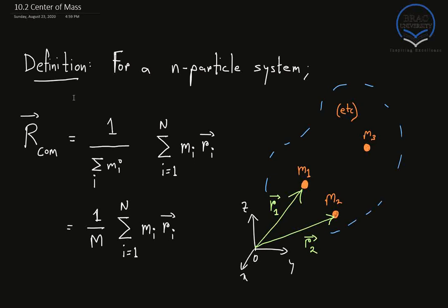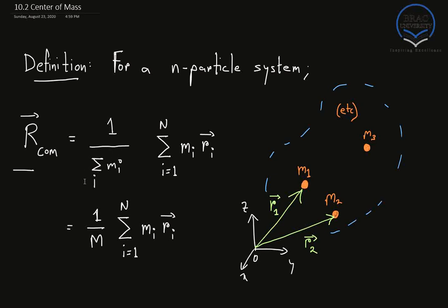Then the center of mass is a vector. It's a position vector that's defined in the following way. We take the sum of mi times ri, which is basically m1 r1 plus m2 r2 up to mn rn. And then we divide this sum by the total mass of the system.